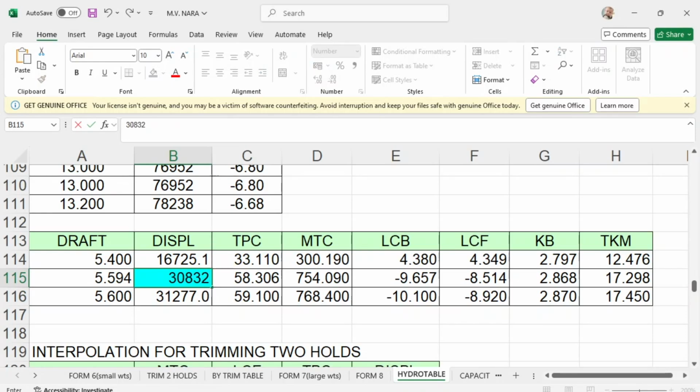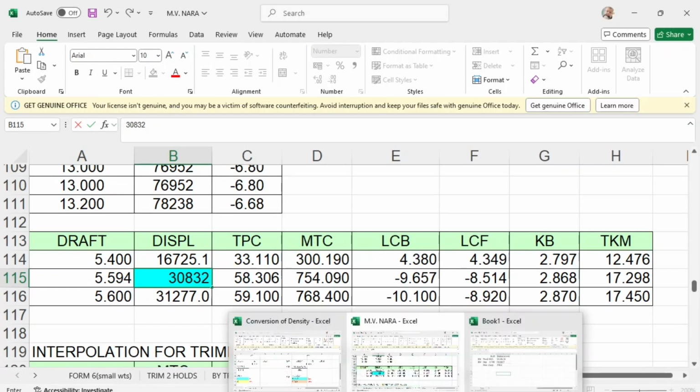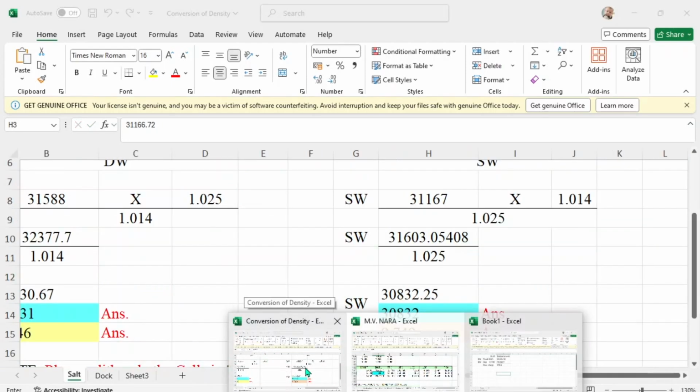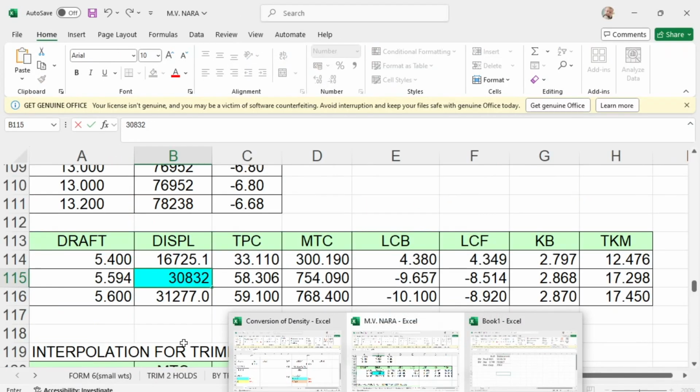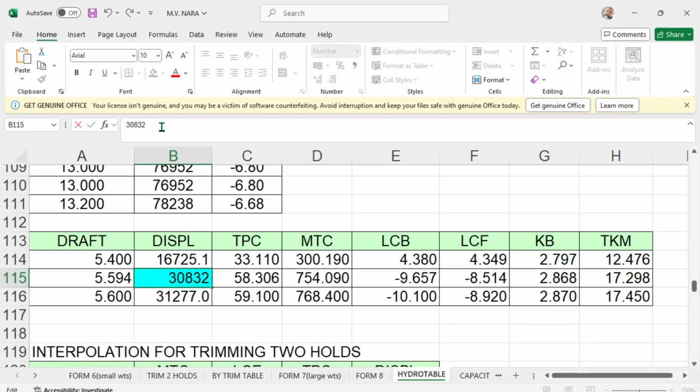How much would that be? 0.25. Why? That will be 30832.25.